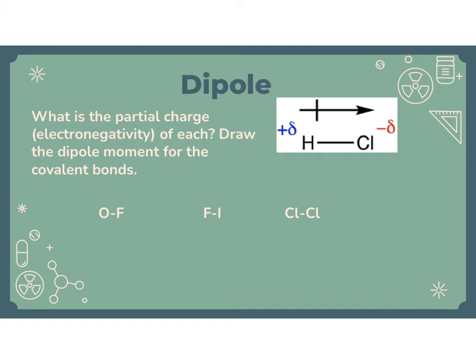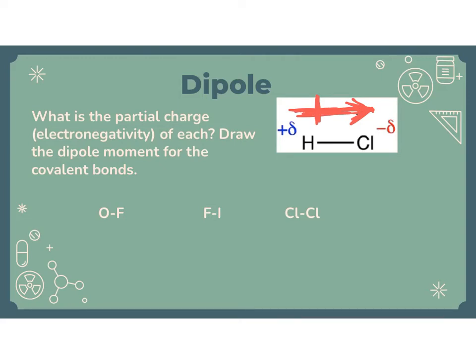Okay, what is the partial charge of each of these molecules? Draw the dipole moment. All right, now if I draw a dipole moment, what I'm drawing is this arrow. The arrow points from the plus side to the minus side, and then we put a plus there to indicate which end is the plus.